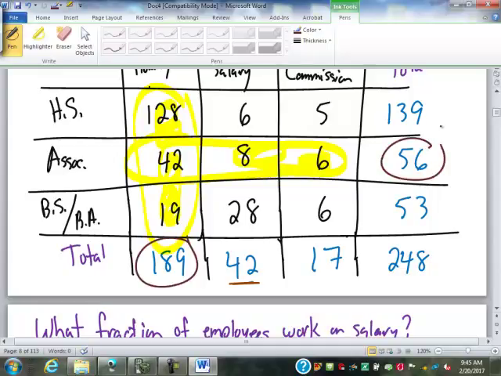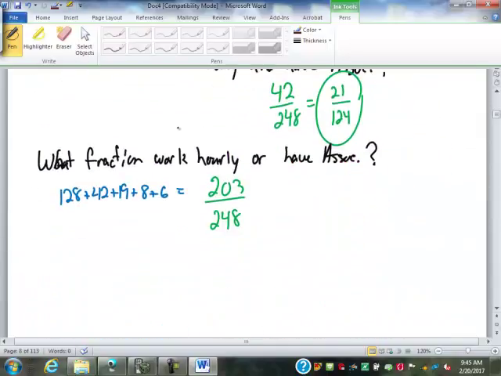Now that's way more than 203. Why would that be more than 203? Because there's 42 that are counted twice. So we could have done 189 plus 56 and then subtract the 42 that were counted in both. That would also give us 203. Does that make sense?